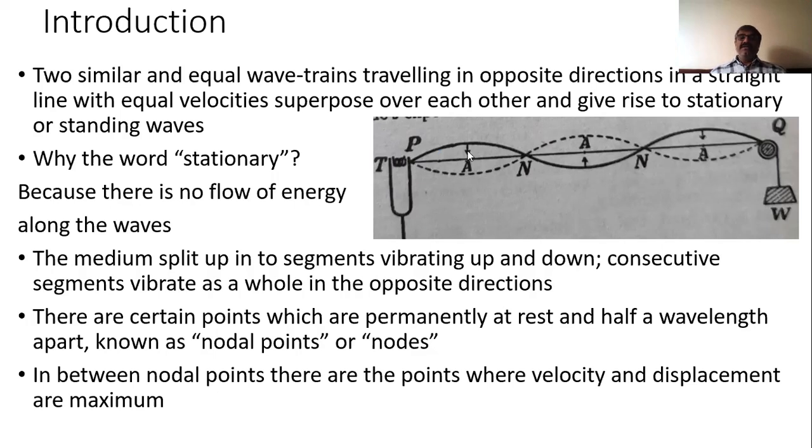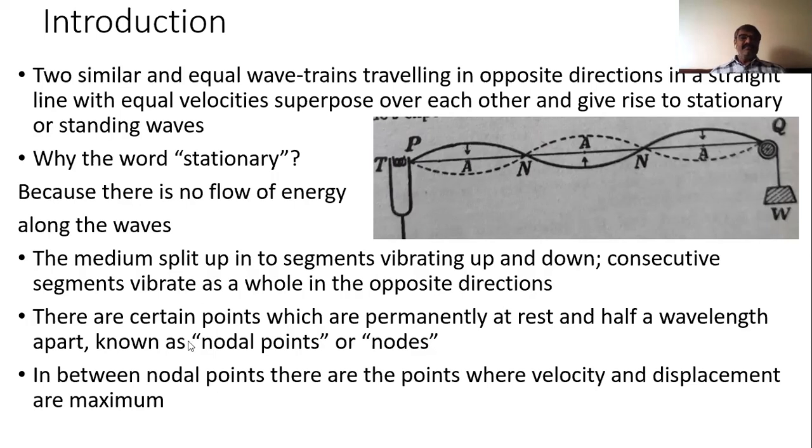So the phase of the consecutive segments is exactly opposite to each other. The important thing is that the whole medium is divided into different segments, and particles in consecutive segments are in exactly the opposite phase.